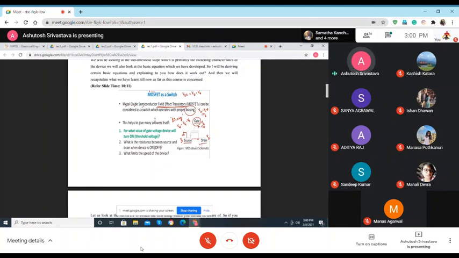So threshold voltage is the voltage at which there is an inversion of charge carriers at the insulator semiconductor interface, and there is a flow of charges from source to drain by applying the appropriate gate voltage.